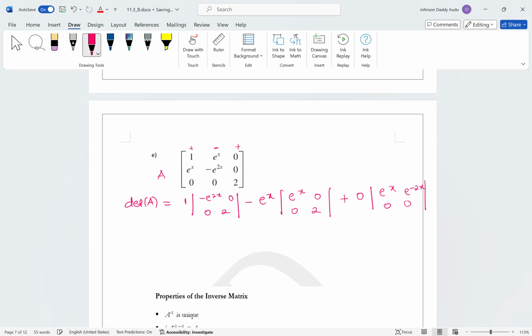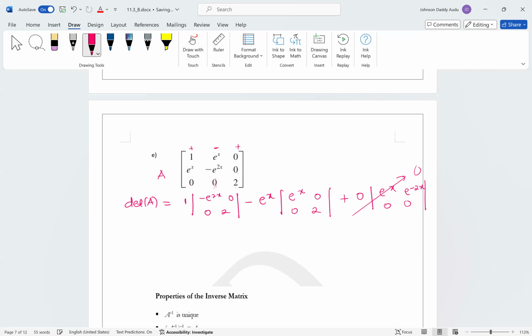So you have this. This takes care of the minor. And this, it means you close the second row, you close the second column, first row. So this and this close. So you are left with e^x, 0, 0, 2. And this is 0. So everything here becomes 0.